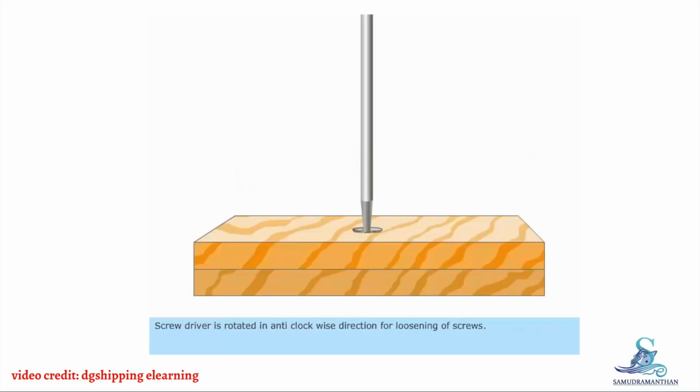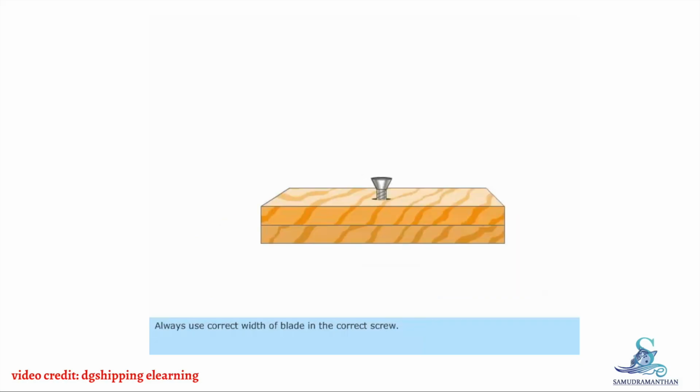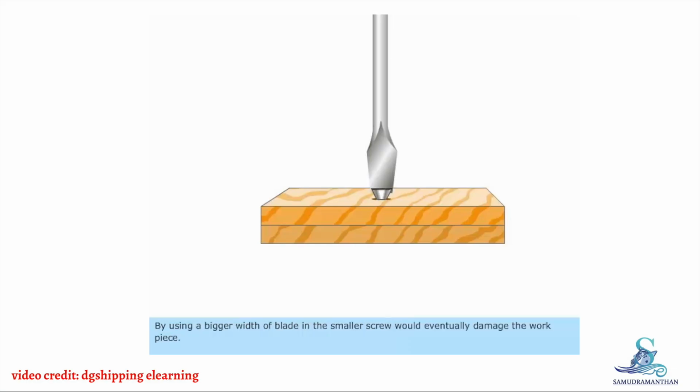Screwdriver is rotated in anti-clockwise direction for loosening of screws. It is rotated clockwise direction for tightening of screws. Always use correct width of blade in the correct screw. By using a bigger width of blade in the smaller screw would eventually damage the workpiece.